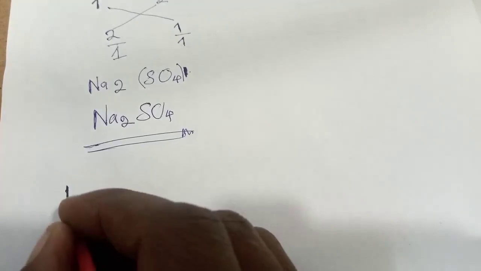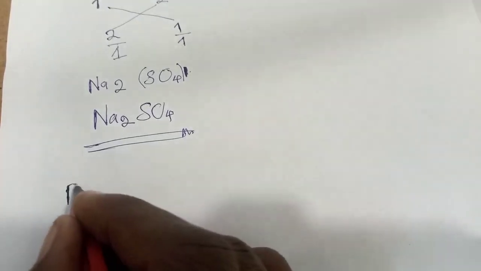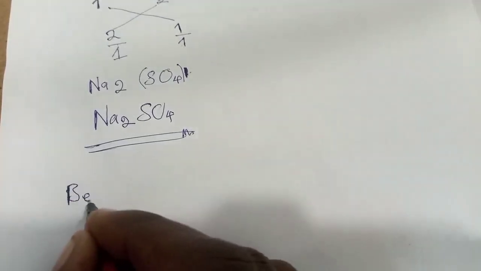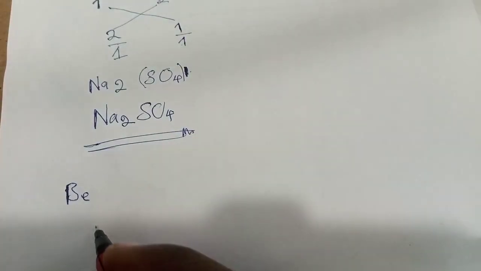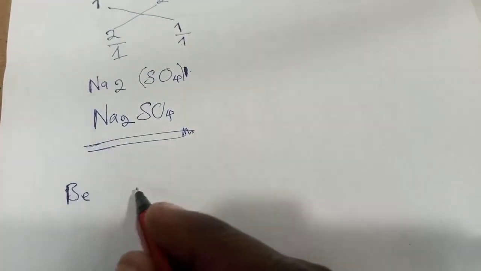The other formula that we are given is for beryllium. Beryllium is in group 2, so the symbol for beryllium is Be.